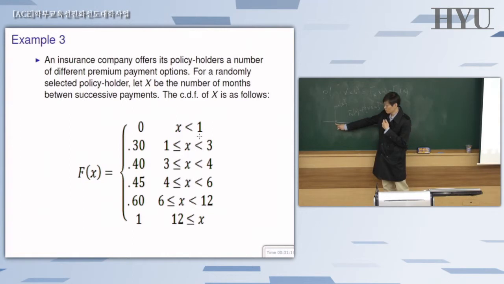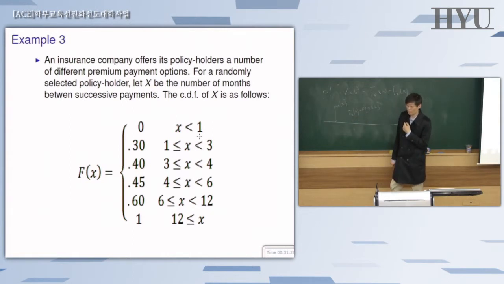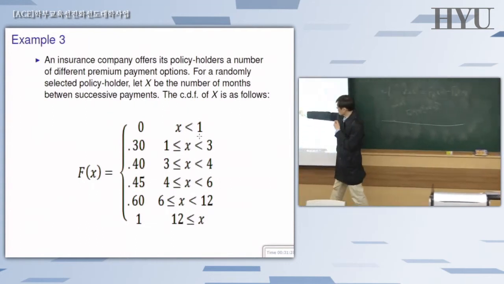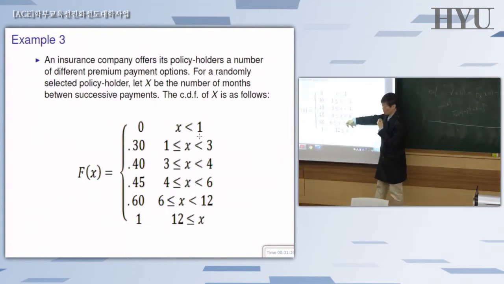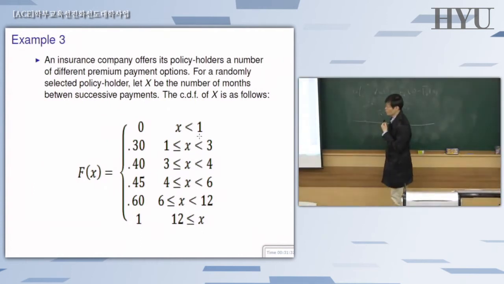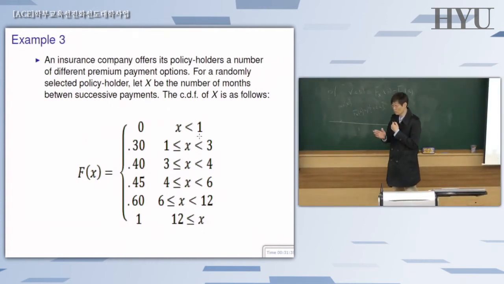If you plug in something smaller than that, what's the value for this? Nothing. It doesn't happen because it's even smaller than the minimum value. So that's why you keep getting 0 for anything below that, anything less than 1, which means there's nothing before 1. So the minimum value for this variable X is 1.